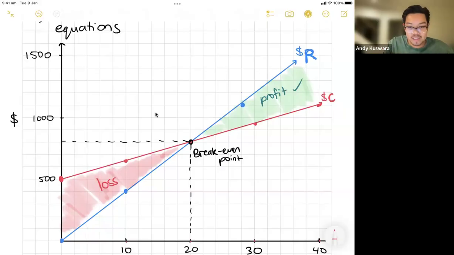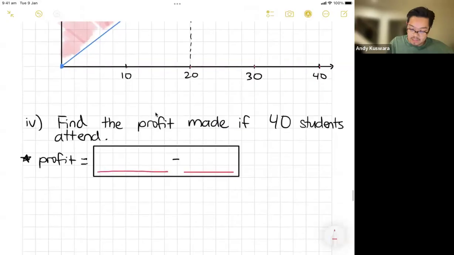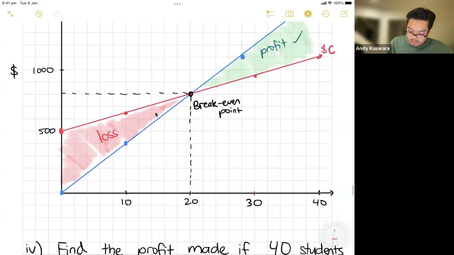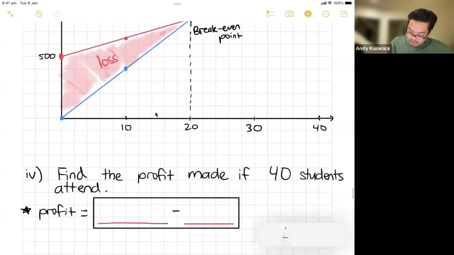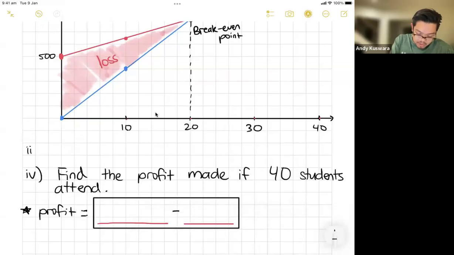So this is what you've got going on here. Okay, so it's important to understand what this graph actually represents and why the break-even point is so important to understand. So I've sketched both those equations. Now it says here, find the profit if, is that all I did? Okay, I probably should also talk about an extra part, part three.